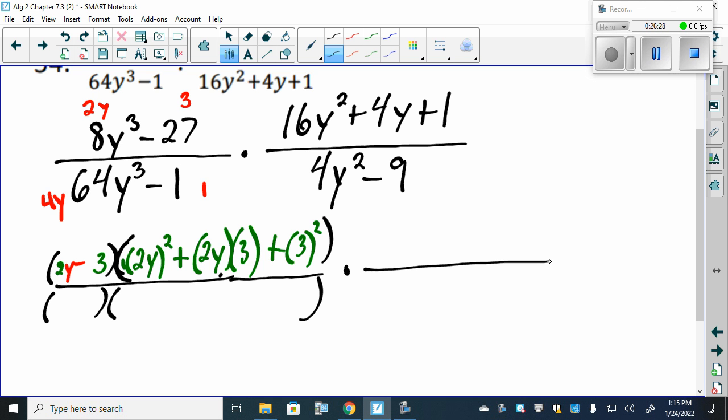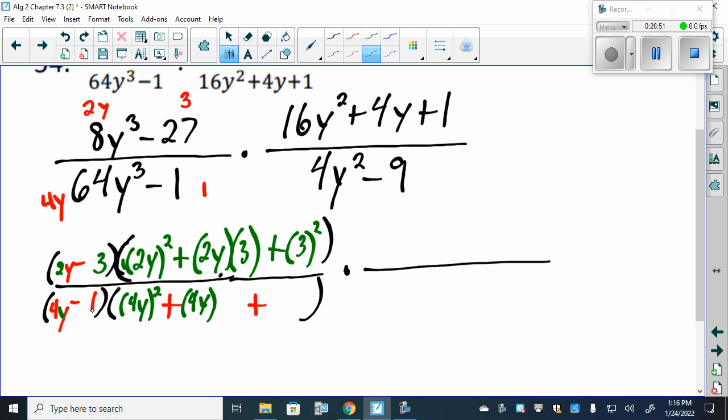Now if we factor the denominator, the signs would be the same, opposite, always ending on a positive note. For our first term, we'll have 4y squared, 4y, and then nothing for the third.